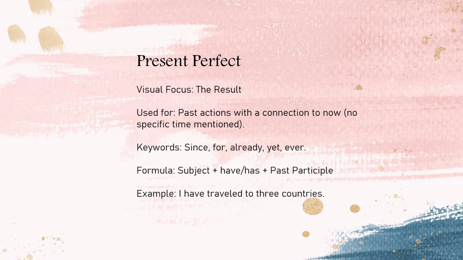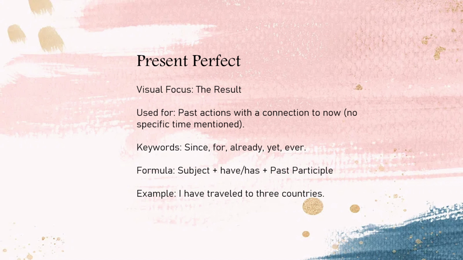Now, let's look at the present perfect. This is one branch. It connects the past to the present. The formula for this is subject plus have or has plus past participle. So, for example, in this sentence, I have traveled to 3 countries.